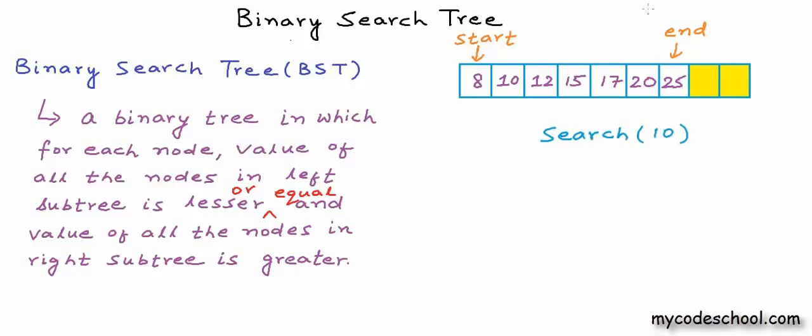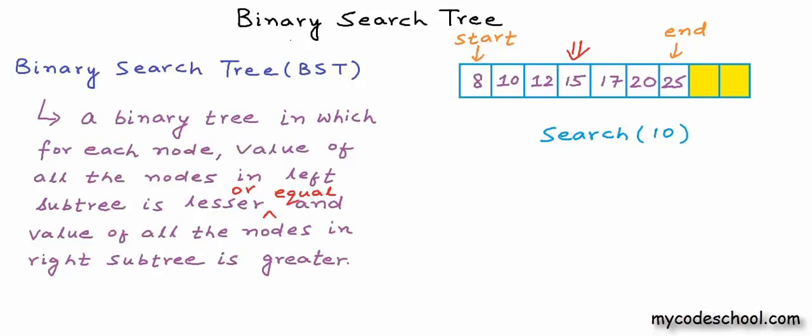Let's say we want to search number 10 in this array. What we do in binary search is we first define the complete list as our search space. The number can exist only within the search space. I'll mark the search space using these 2 pointers, start and end. Now we compare the element to be searched with the mid element of the search space, or the median.